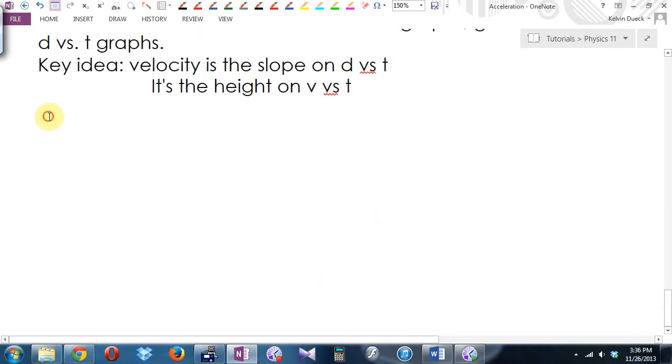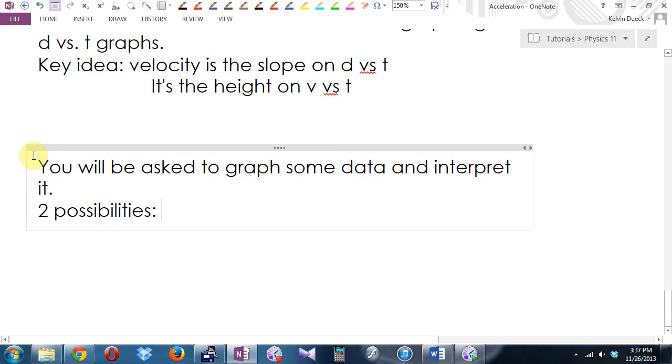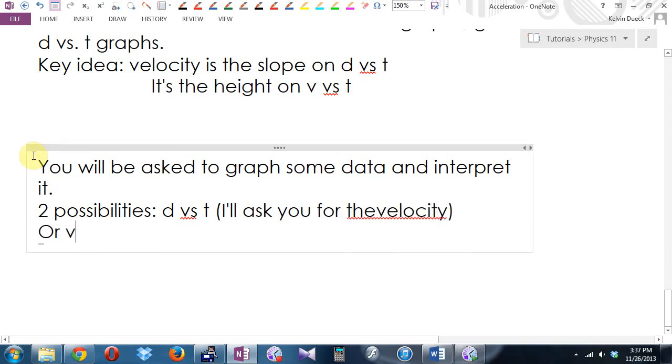What else are you going to see? You will be asked on my test to graph some data and interpret it. Two possibilities: D versus T, I'll ask you for the velocity, or I'll give you velocity versus time, I'll ask you for the acceleration.